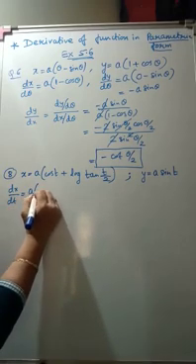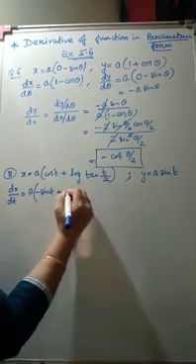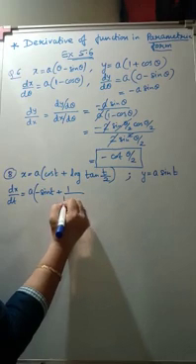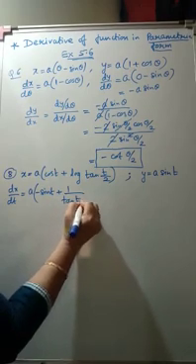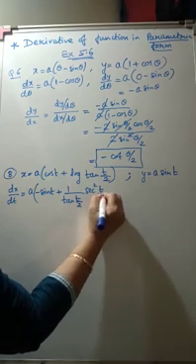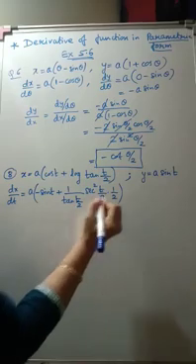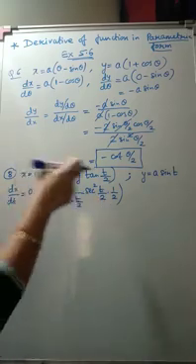What is the differentiation of cos t? It's minus sin t. What is the differentiation of log of tan t by 2? It's 1 by tan t by 2. What is the differentiation of tan t by 2? It's sec square t by 2. And what is the differentiation of t by 2? It's half. So this is the complete differentiation.